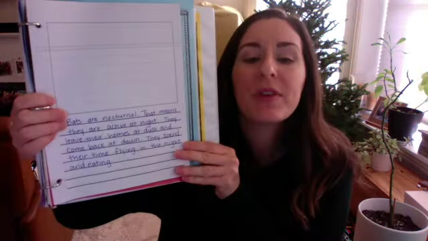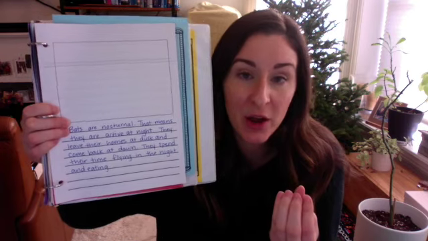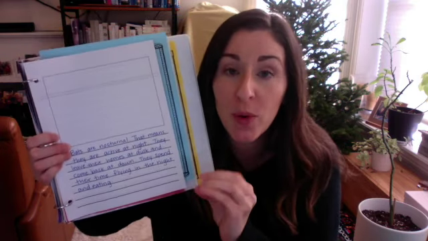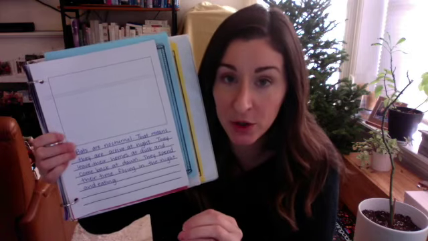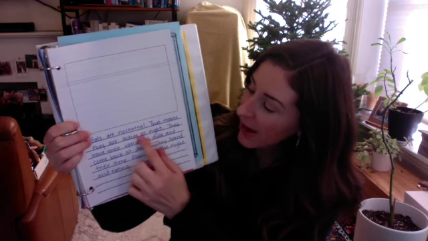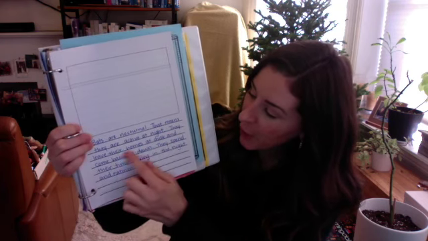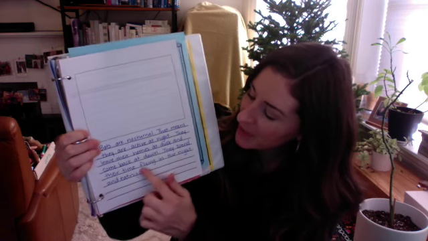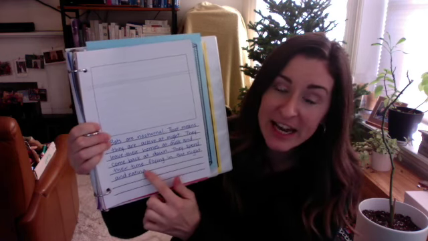Here's what that looks like. I wrote this page about bats being nocturnal. That means all the sentences on this page are going to talk about them being nocturnal. So it says bats are nocturnal. That means they are active at night. They leave their homes at dusk and come back at dawn. They spend their time flying in the night and eating.